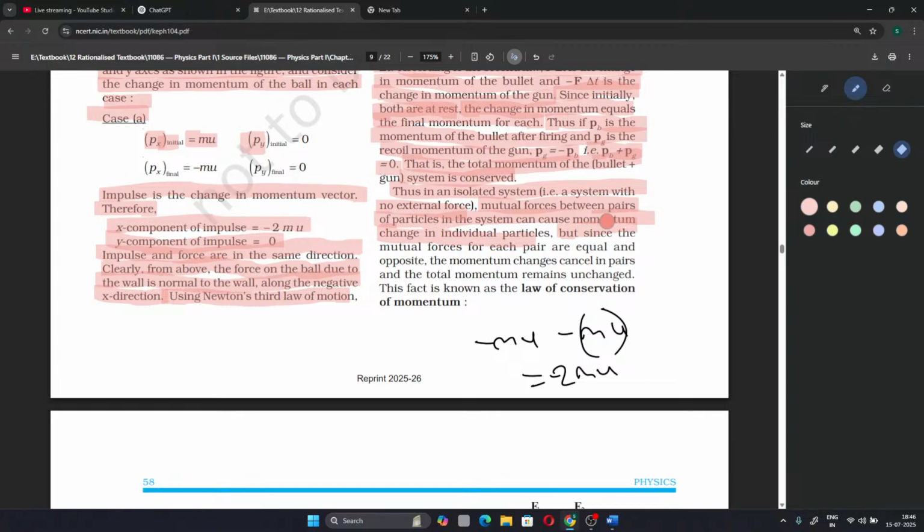But since the mutual forces of each pair are equal and opposite, the momentum changes cancel in pairs and the total momentum remains unchanged. The fact that the total momentum for a system will remain conserved is known as the law of conservation of momentum.